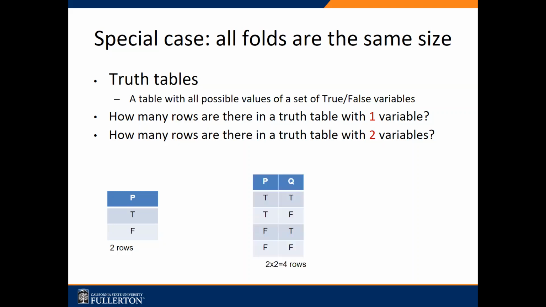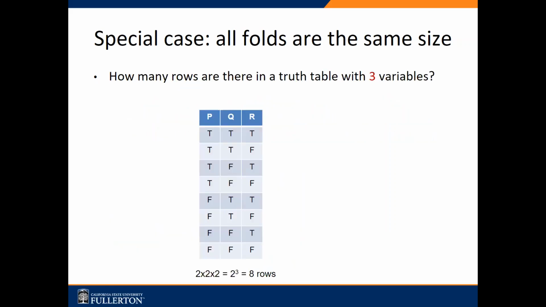So how many such rows are there? Note that each value of my single variable, true or false, in turn gives rise to 2 new rows with values for the second variable. So that is a fold by 2. The total number of rows in this case is 2 times 2, which is 4.